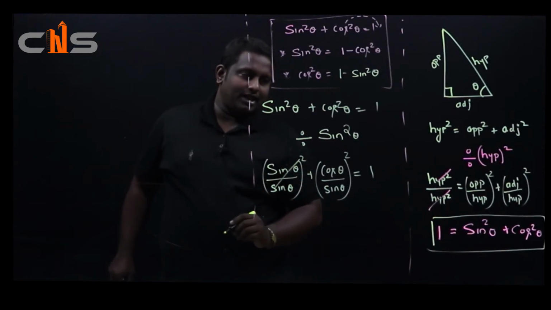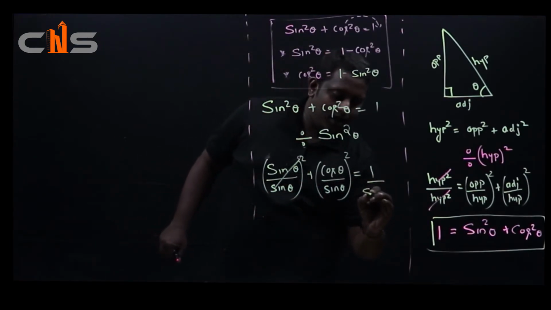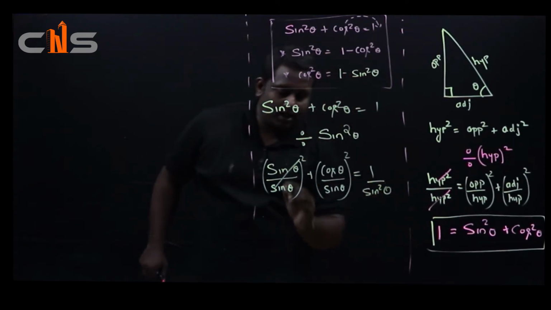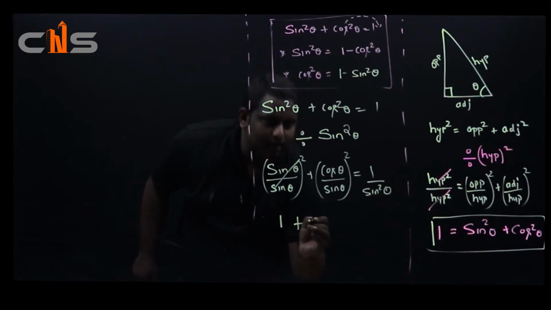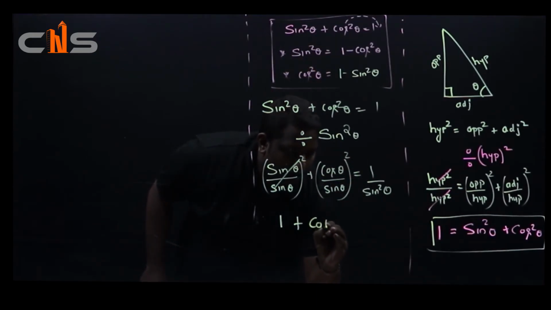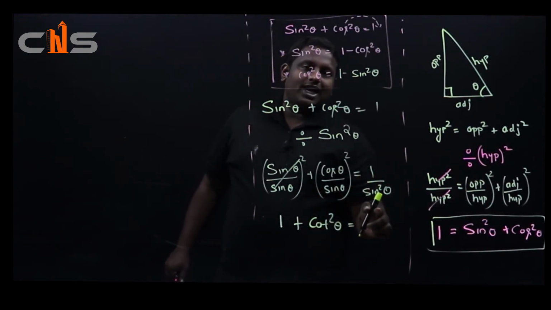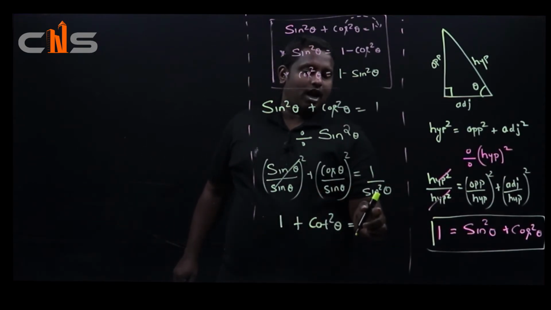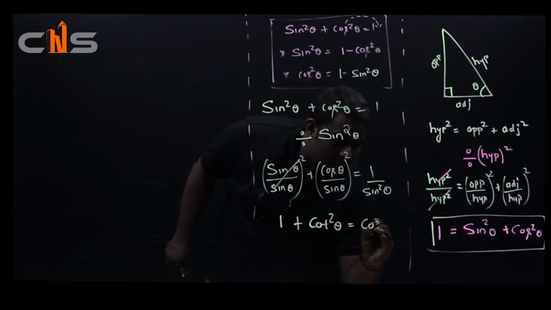This gets cancelled. So 1 plus cos by sine squared. We know cos by sine is cot, so 1 plus cot square theta equals (1 by sine is cosecant) cosecant square theta.